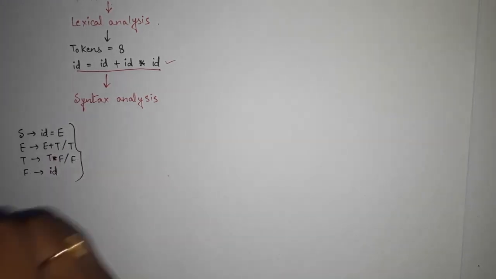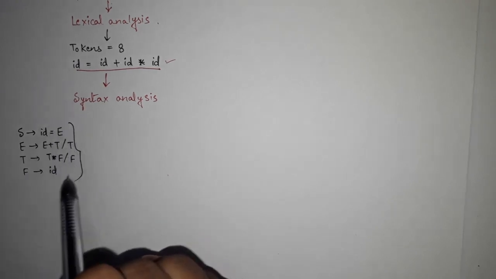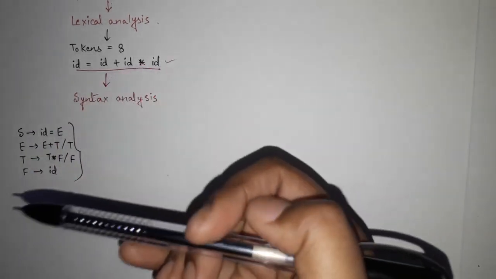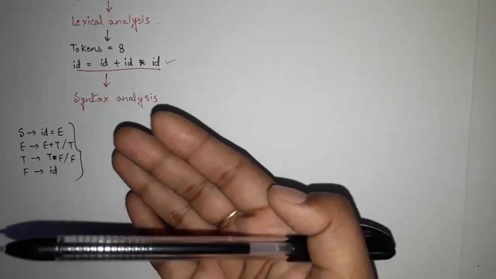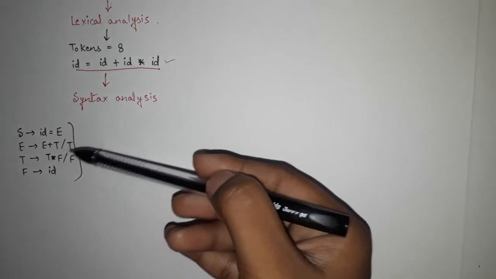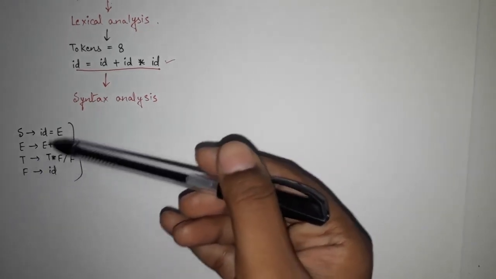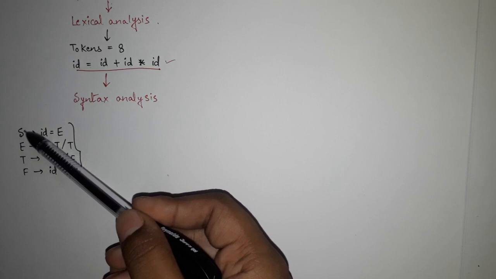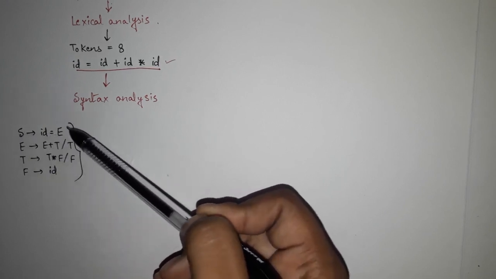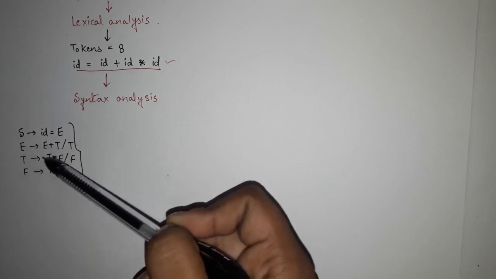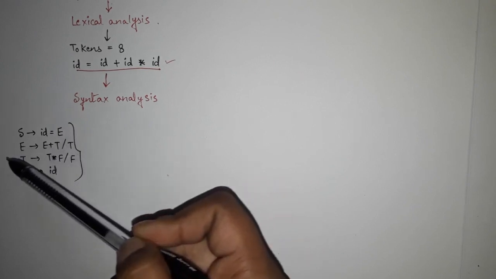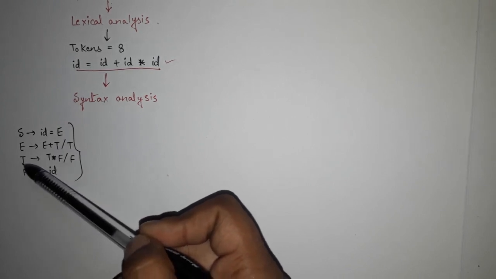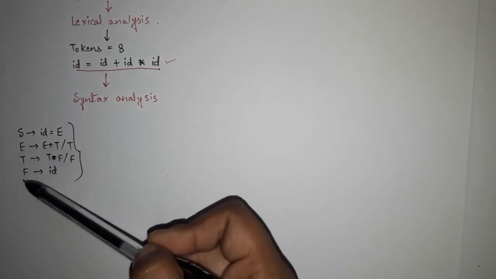This formation is called a grammar. In any language, whether English or Hindi, we have English grammar and Hindi grammar. Grammar is nothing but a set of rules defined. Here also we have a grammar, which is a set of rules telling us that if I give S as input, it may generate id = E. If I give E as input, it may generate E + T, where the slash means or, or E can generate T. Similarly, T can generate T * F or directly generate F, and F can generate id.